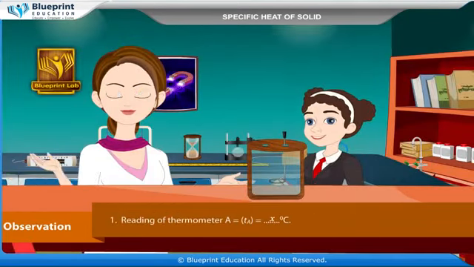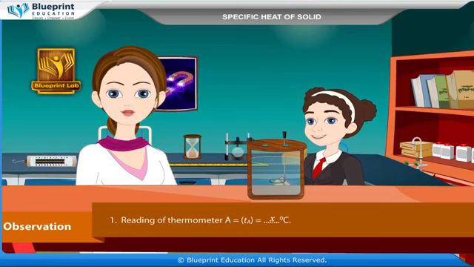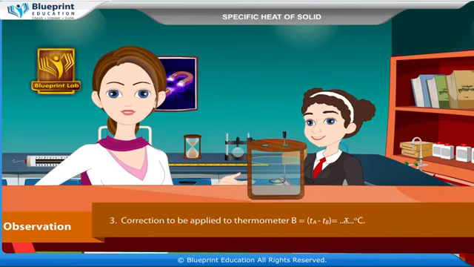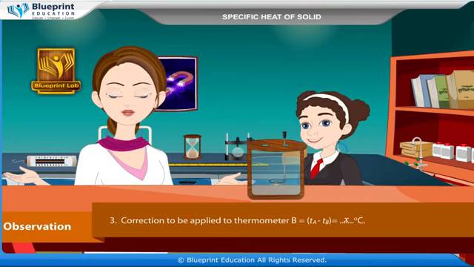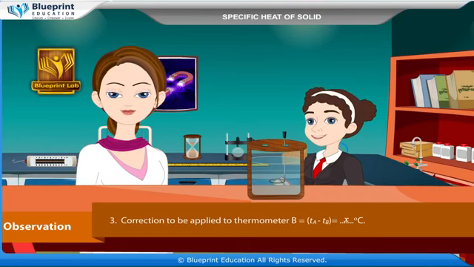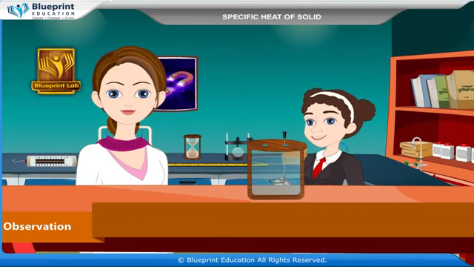Observation: reading of thermometer A, TA, is equal to X degrees Celsius. Reading of thermometer B, TB, is equal to X degrees Celsius. Correction to be applied to thermometer B is equal to TA minus TB, is equal to X degrees Celsius.